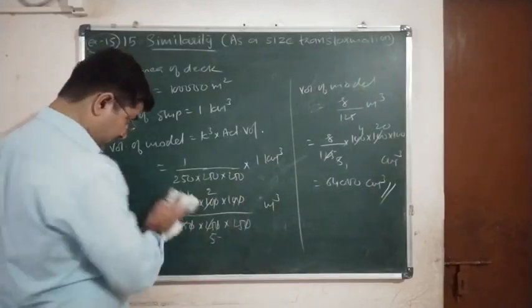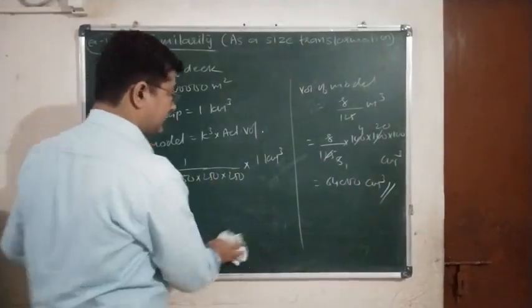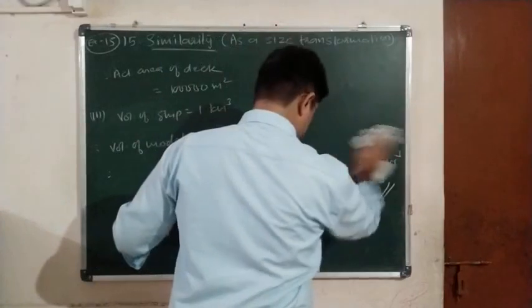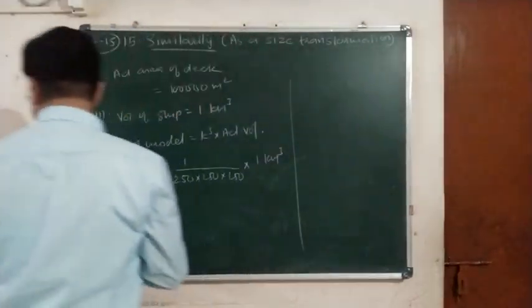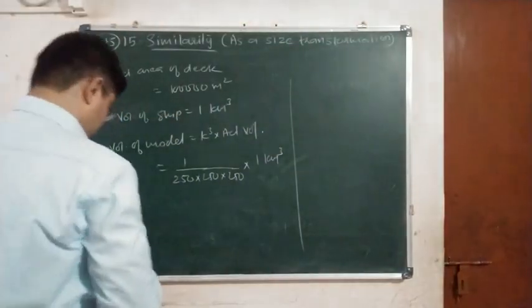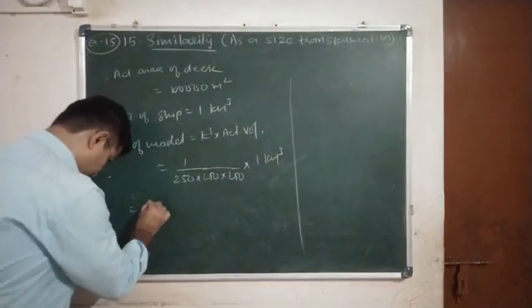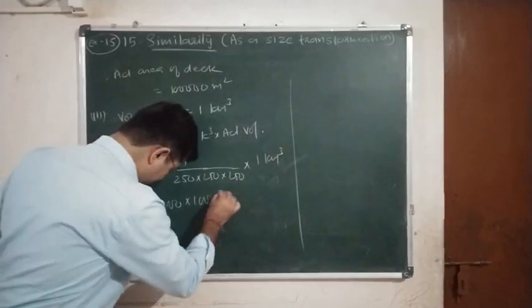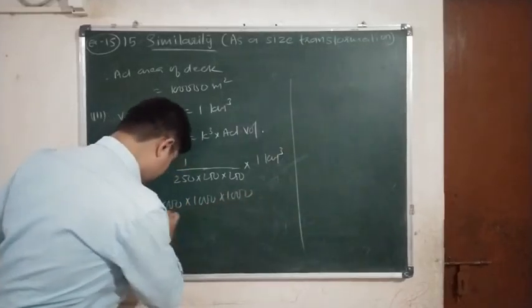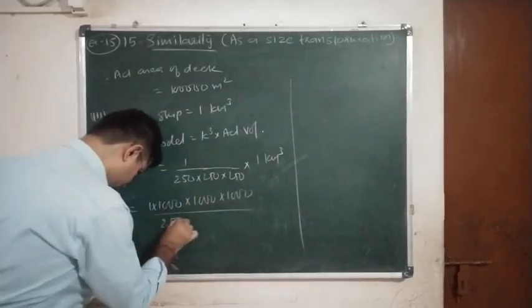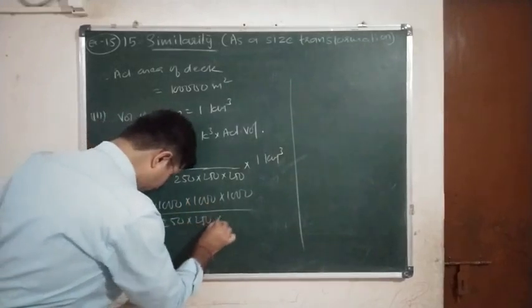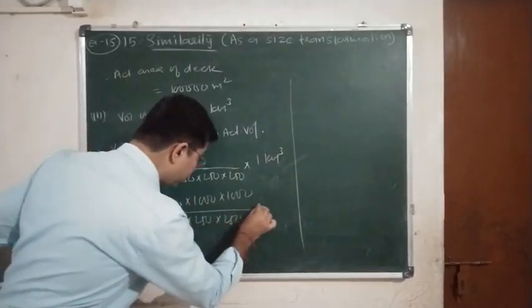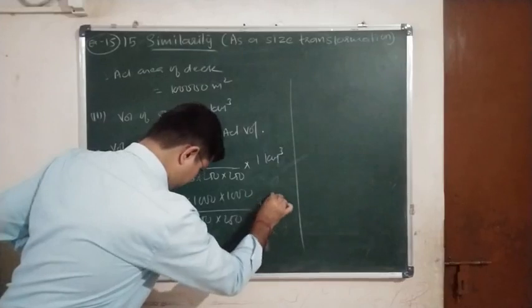We actually wrote 100 over here. So let us correct this mistake. Okay, so 1 into 1000 upon 250 into 250 into 250 cubic meters.